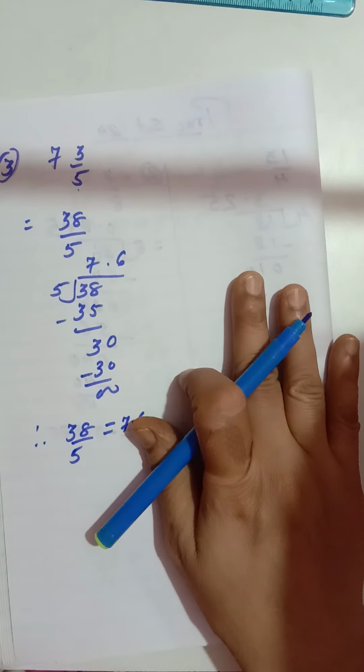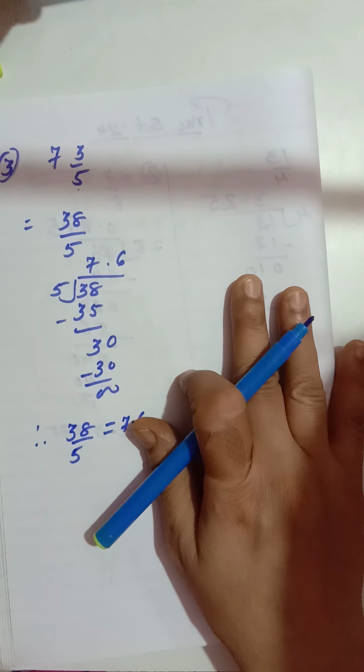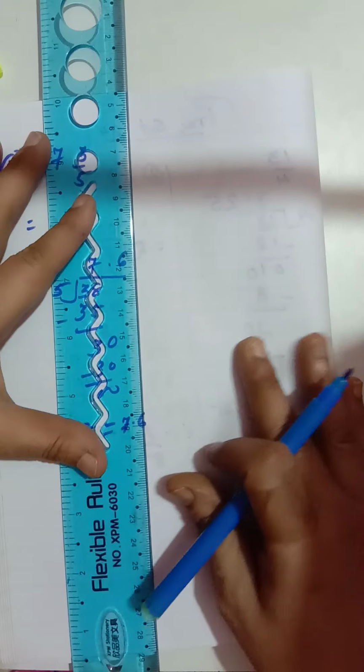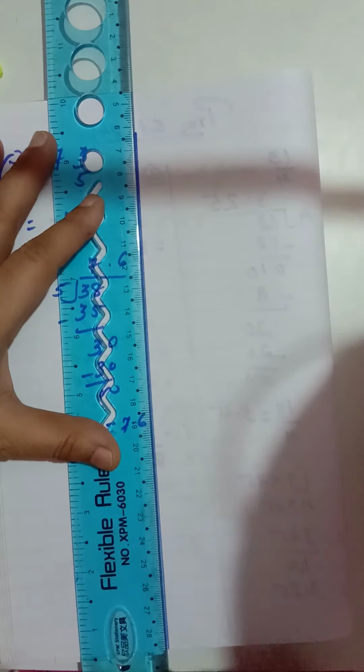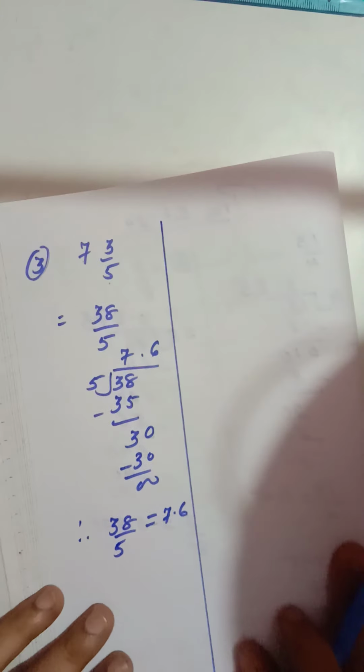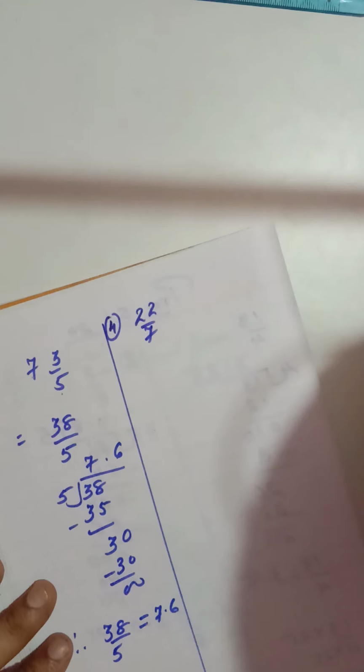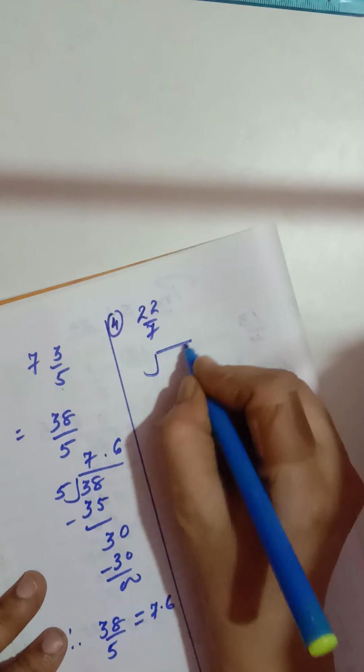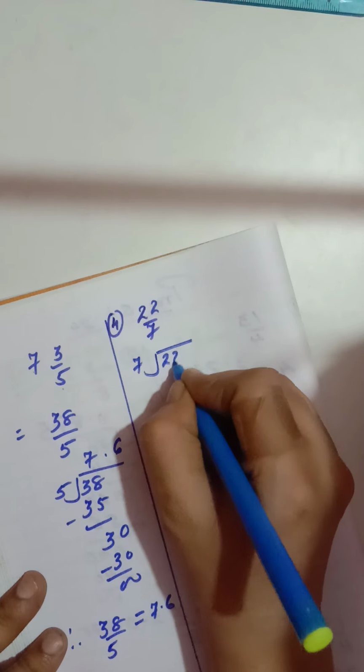Now the fifth one I will be doing, that is 22 upon 7, okay children, 22 upon 7. Now let us do this, children, that is 7 and this is 22.